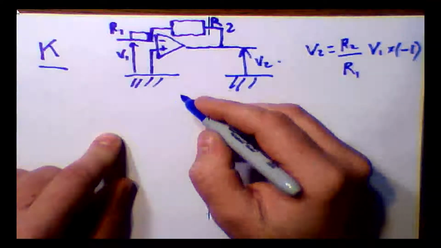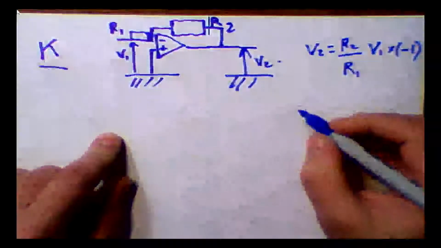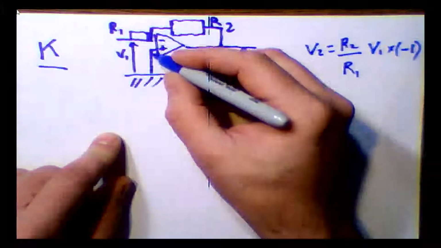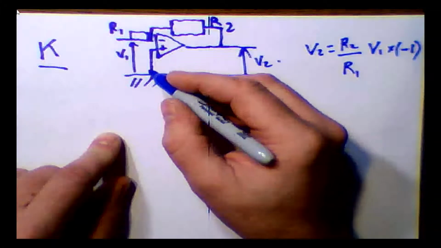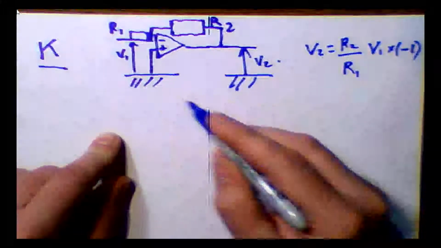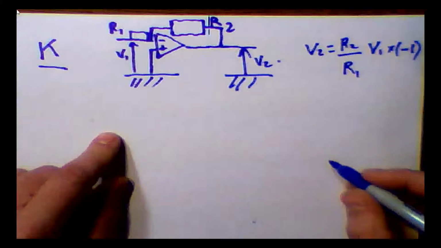So we can rederive that by saying that the current going here is V1 over R1, and then sum the voltages across the armatures here to get V2.